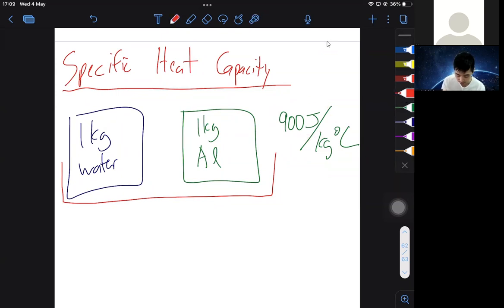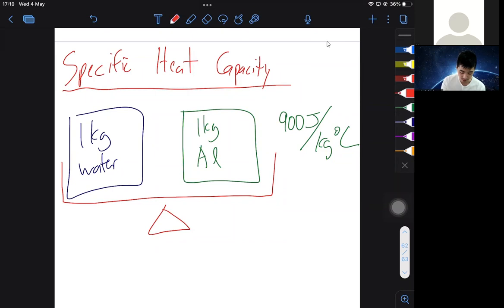In this scenario here, it is obviously going to be the heat energy, right? Today, if I see that this is 900 joules per kg degree Celsius, it basically tells me that for every 900 joules supplied to the aluminium, 1 kg of the aluminium will raise the temperature by 1 degree Celsius.